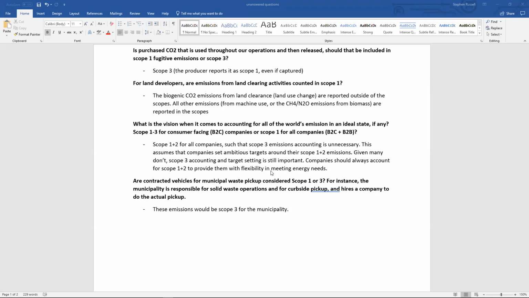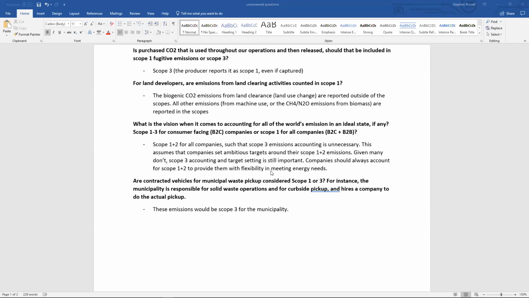So if you remember, yesterday we discussed briefly the biogenic carbon cycle and the fact that emissions from biomass are subsequently reabsorbed by growing vegetation. And because of that, under the corporate standard, we assume that biogenic carbon emissions are carbon neutral and that they can be reported outside of the scopes.